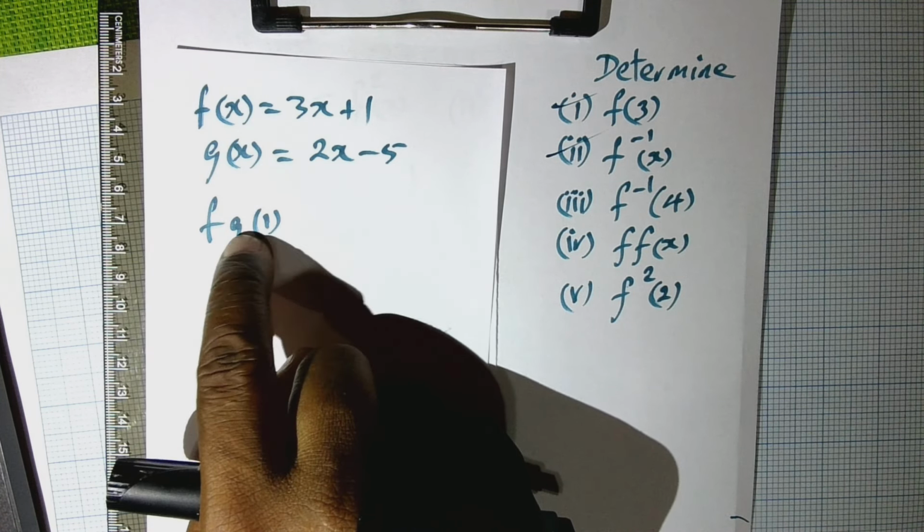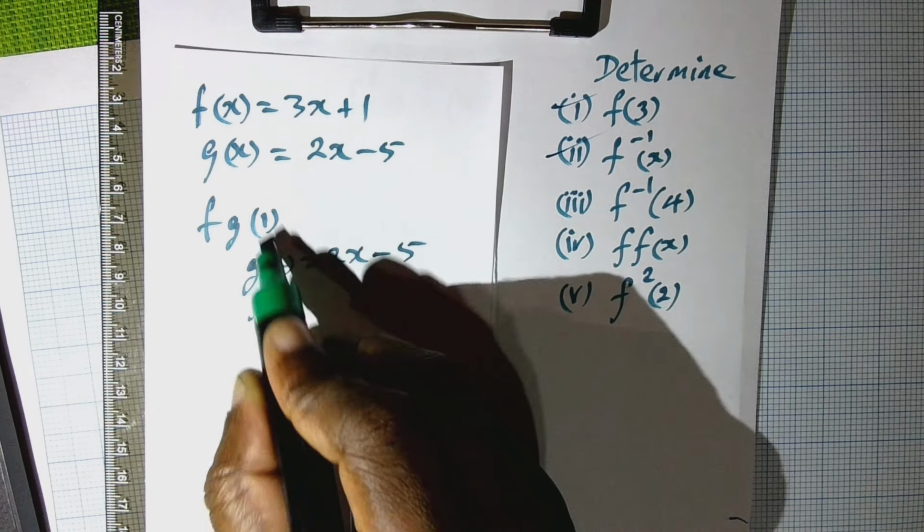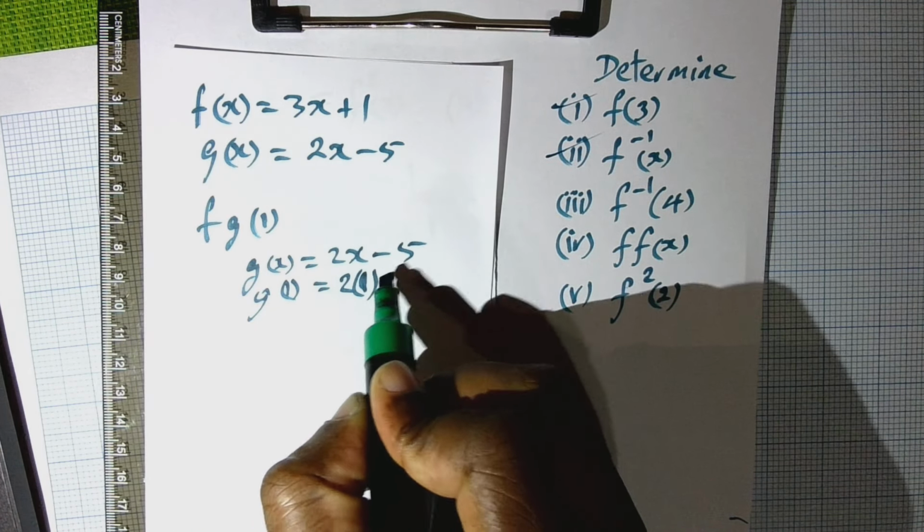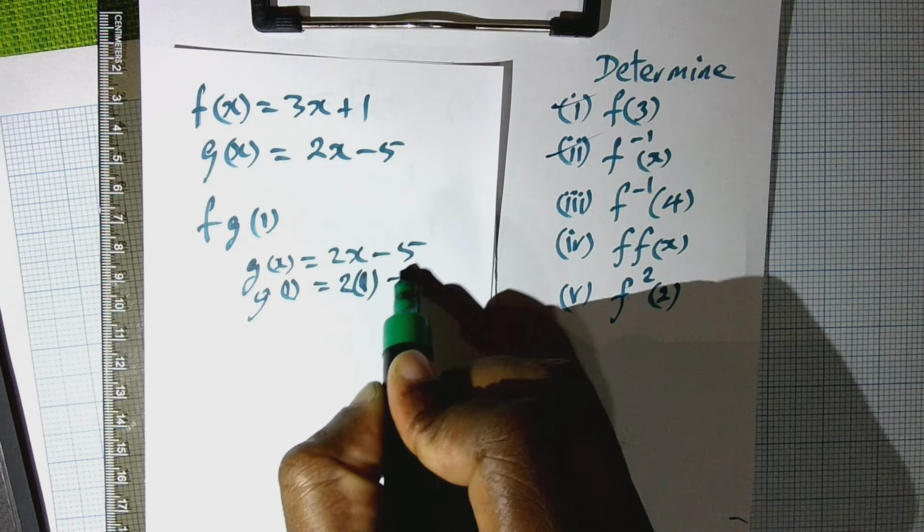So let's find g of 1. Let's try that approach. In order to find g of 1, we need the expression for what? g of x. So we can input 1 into it. g of x we know is given to us as 2x minus 5. I'm going to input 1 where x is. And so it's 2 times 1 minus 5, which gives us 2 minus 5, which gives us negative 3.